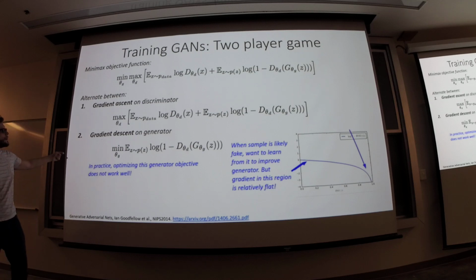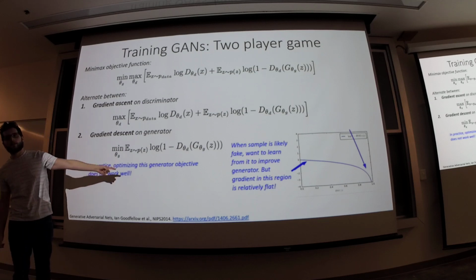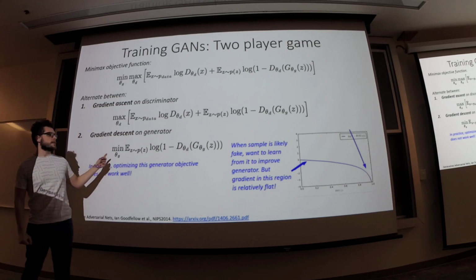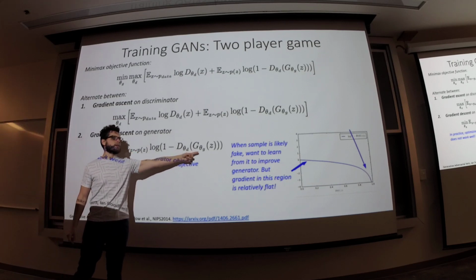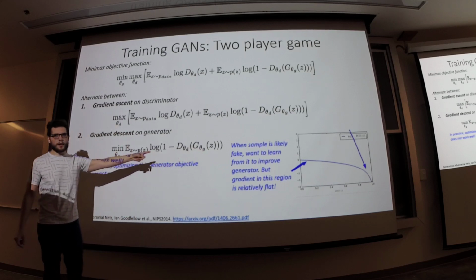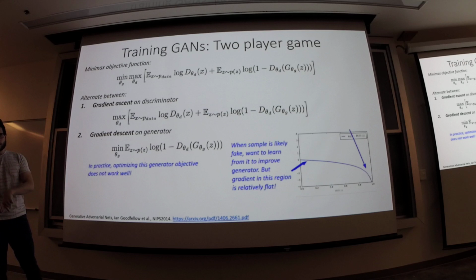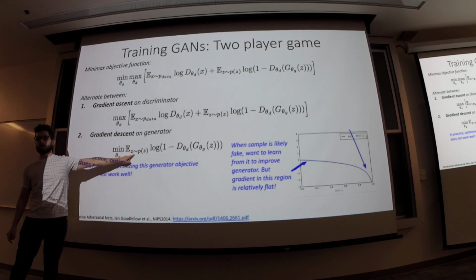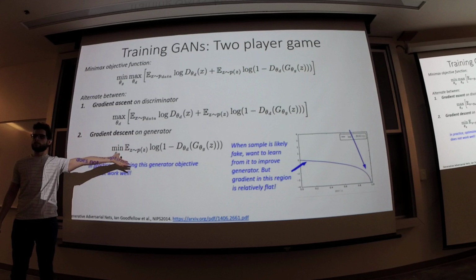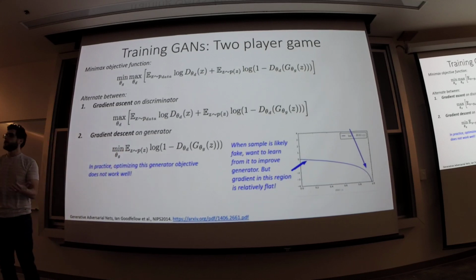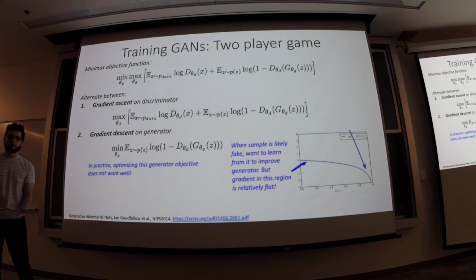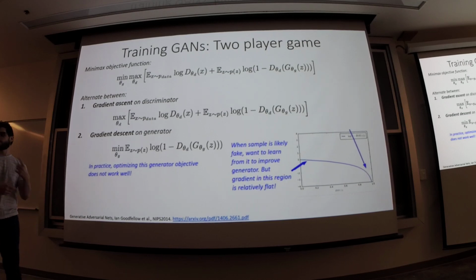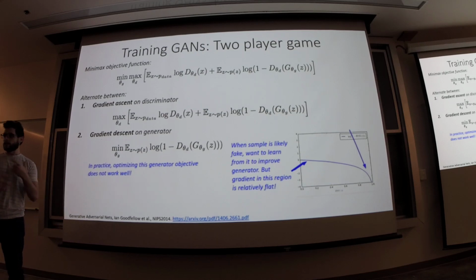Then we generate again, find the classification of the discriminator over the new generated ones, and we update the parameters of the generator, trying to minimize this thing. Make sense? It's the usual stuff that we do in neural networks. One iteration, we change the parameters. Another iteration, we change the parameters. It's just that here we have to change the parameters of the discriminator first, and then the parameters of the generator at each iteration.